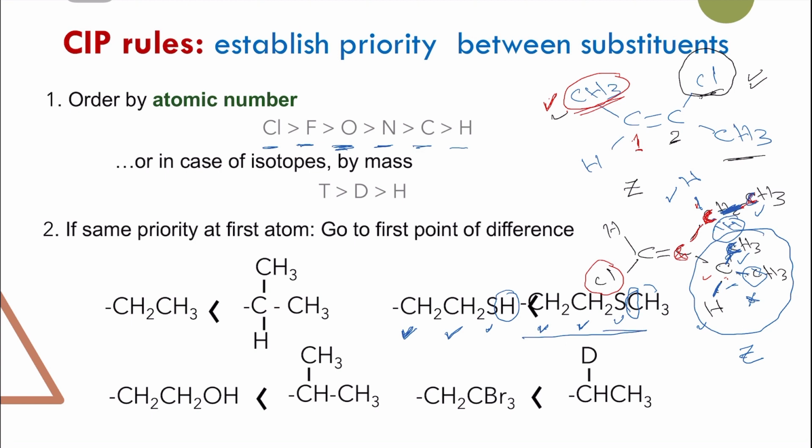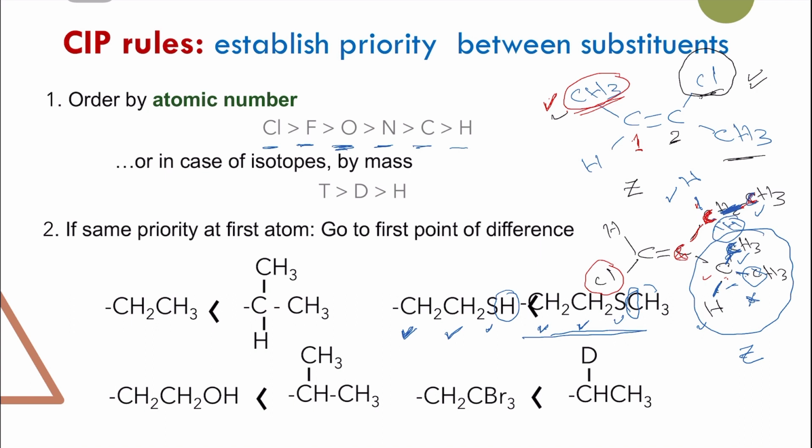So this one will have the priority. This is the first point of difference. So the first point of difference doesn't have to be the atom that is directly attached to the sp2 carbon, or the carbon with the double bond. It can be anywhere along the series or along the substituent.